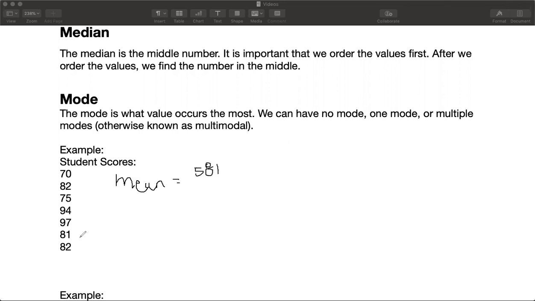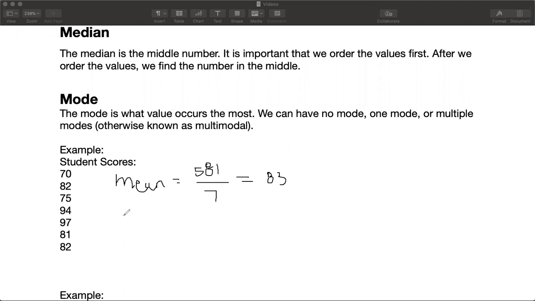Now there are 7 values here, so we're going to divide this 581 by 7. That's how we find the mean. That turns out to be 83. So while 83 is not a value in this data set, that's what it's saying, that within the span of numbers, 83 would be our middle number there. With the values we've been given here, 83 is our mean. It's our center location.